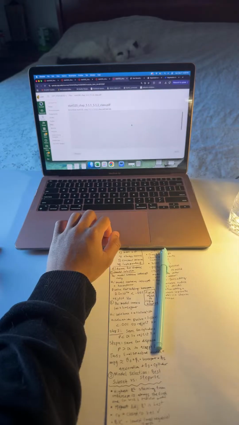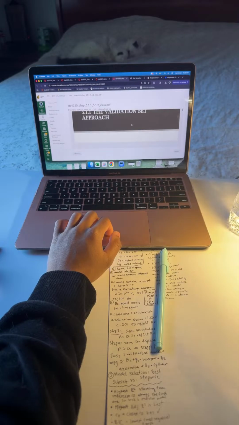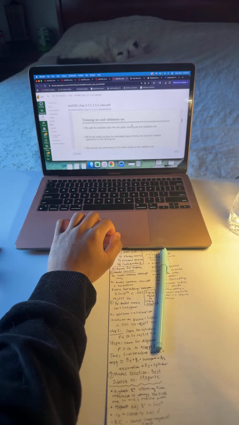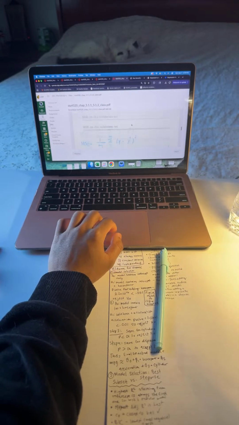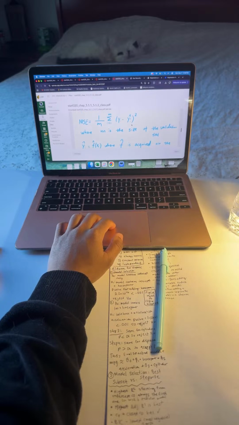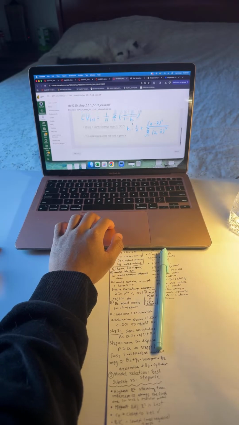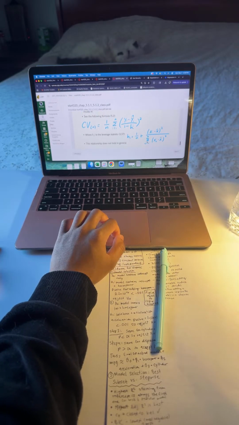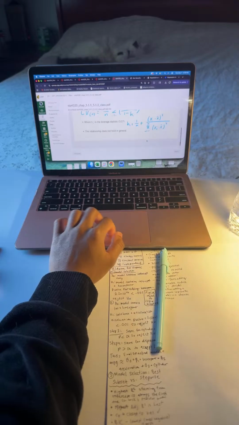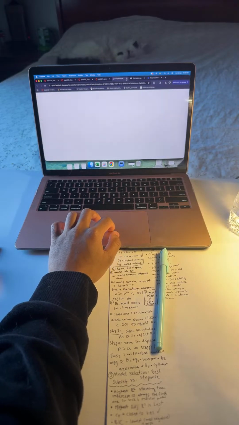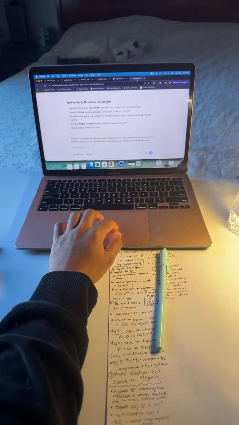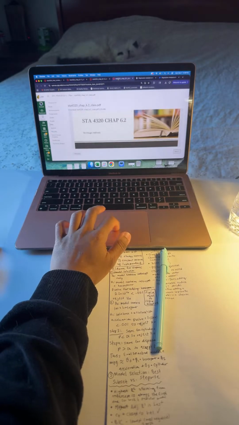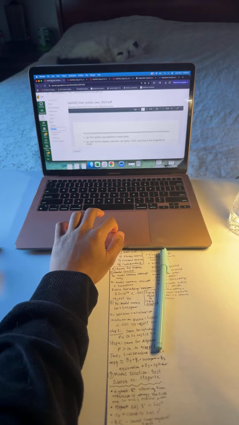What is this one? Cross validation. Yeah, I don't want to study this. Okay, I think these chapters are the ones I should focus on.